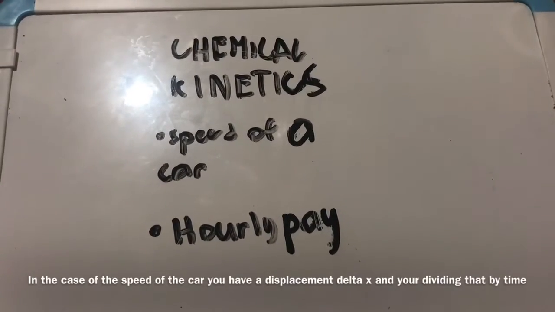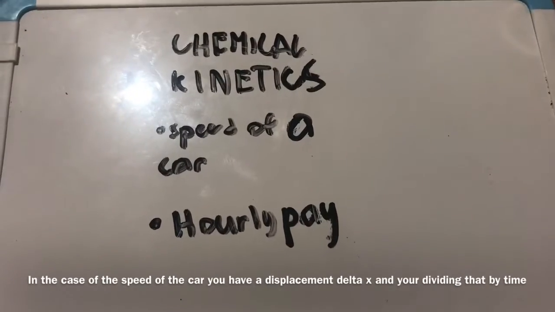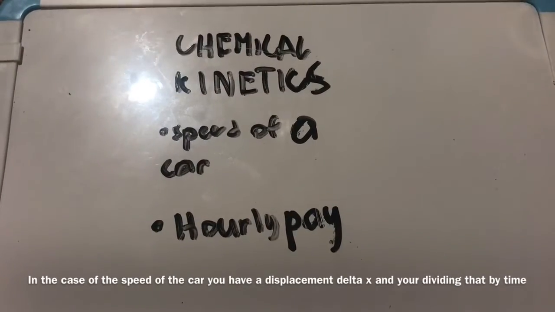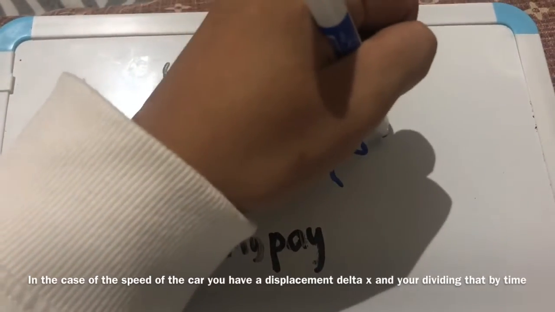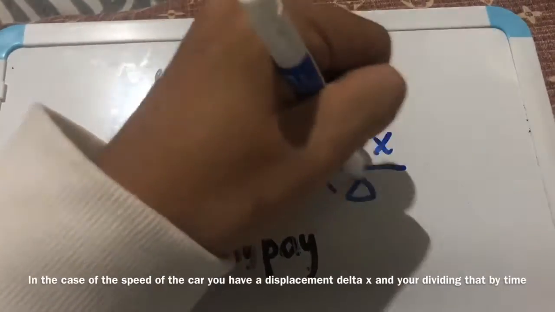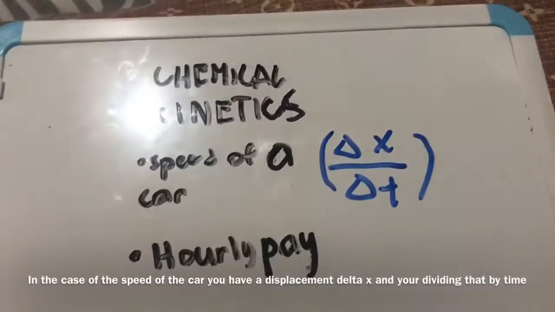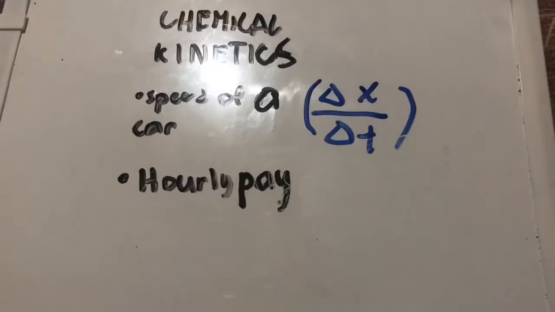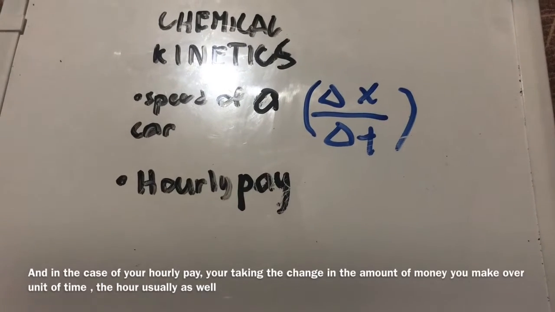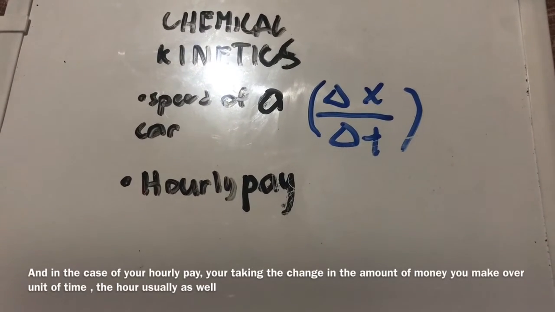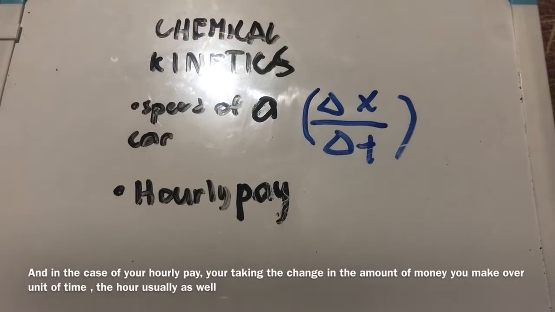In the case of the speed of the car, you have a displacement delta x and you're dividing that by time. And in the case of your hourly pay, you're taking the change in the amount of money you make over a unit of time, the hour usually as well.